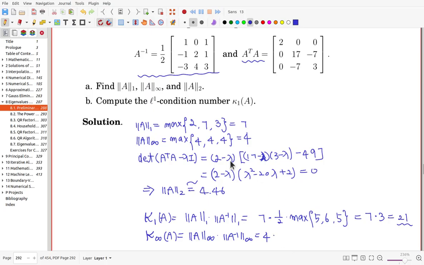And again, from A inverse, we try to get the infinite norm. Again, the scalar, the same way. And then now we add the entries horizontally. So the first row is making 2, the second row will make 4, and the final row is making 10. So that is 5 and 4, so 4 times 5, which is 20.